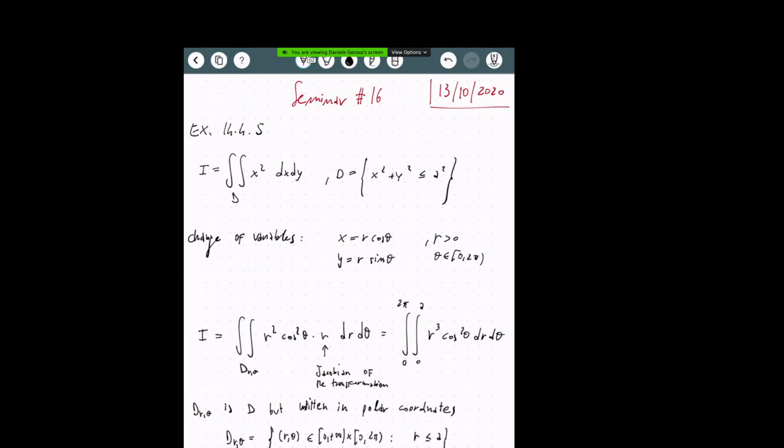So now you have that star, and this is equal to the integral from 0 to a of r cubed dr, times the integral from 0 to 2 pi of cosine squared d theta.